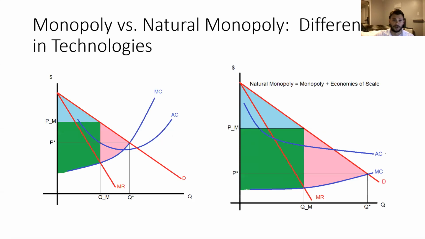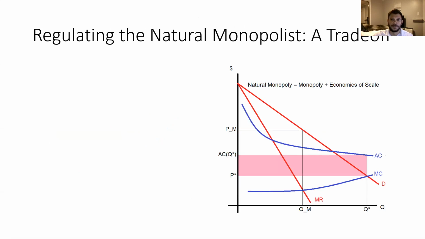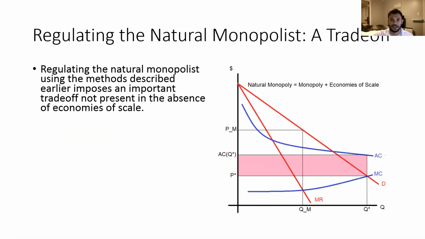If we were to force the natural monopolist on the right diagram to produce Q star to rectify the trade volume problem and restore the economic pie to its maximized size, what winds up happening, as we're going to see here, is we face a problem where the monopolist winds up eating a loss that it otherwise wouldn't have faced if it didn't live in this economies of scale environment.